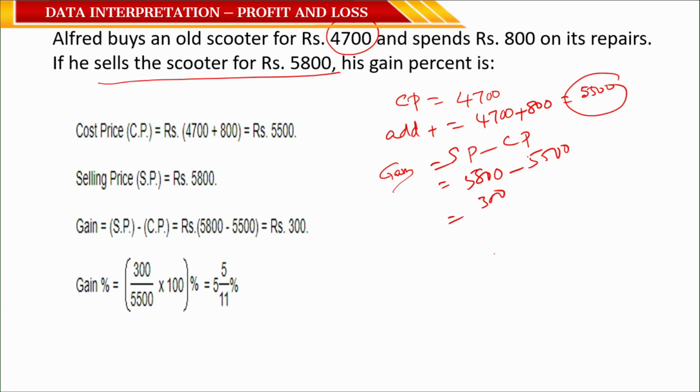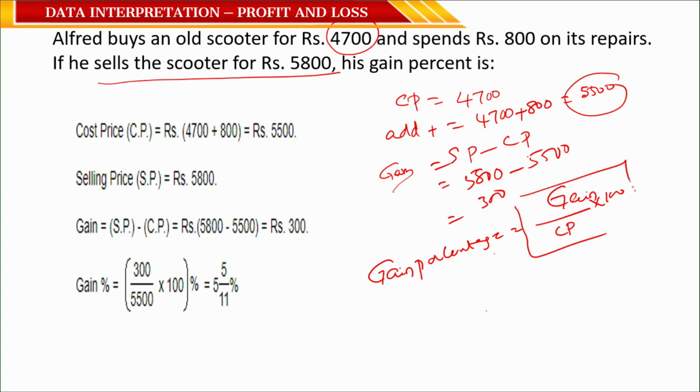What is required here? Gain percentage is required. What is the gain percentage formula? Gain percentage is gain by cost price into 100. How much did you gain? You got 300. The cost price is 5,500. So, 300 by 5,500 into 100. These zeros will cancel.